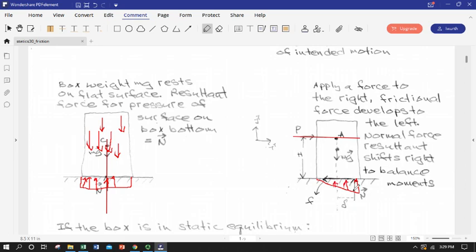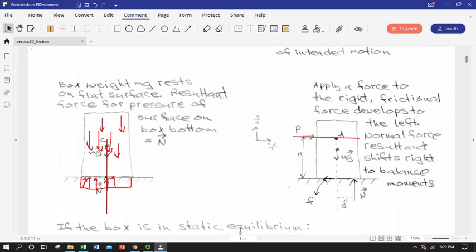So our resultant, of course, is going to shift over towards the right versus where it was when we didn't have any horizontal load. So I'll get rid of my scribblings here and we'll continue. So N here is our normal force resultant, and now it's not acting right in line with the weight.